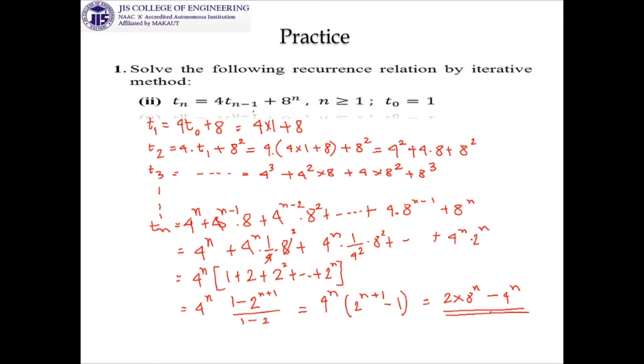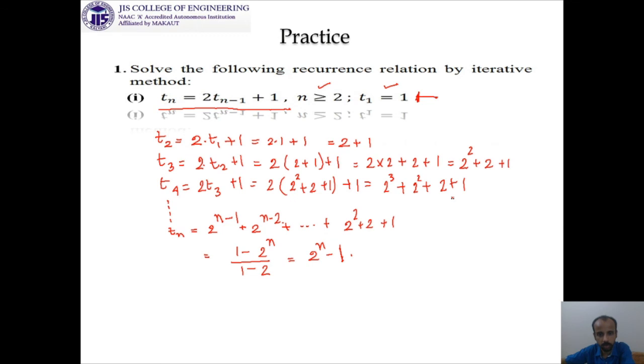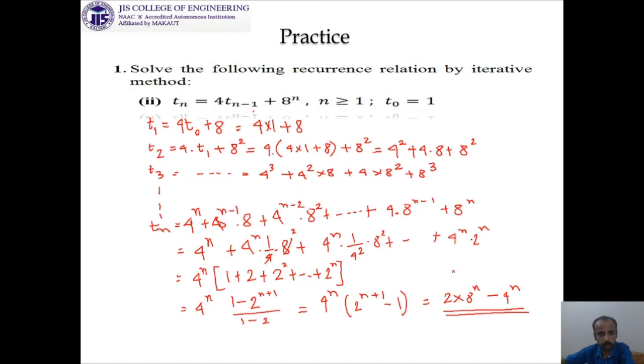So what was actually our target? Our target is to write it in terms of n, and we have successfully reached that for both the problems, the previous one and the next problem also. In both the cases we are able to get this.